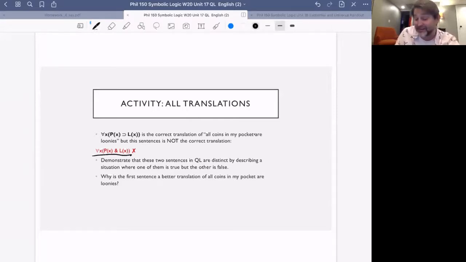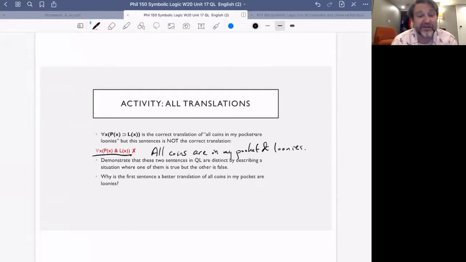Well, what this means is, for all, and we're just going to say coins because that's what our universe of discourse is, the universe of coins. All coins are in my pocket and loonies.